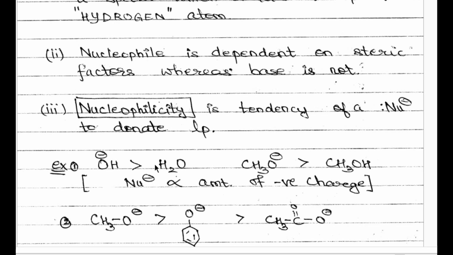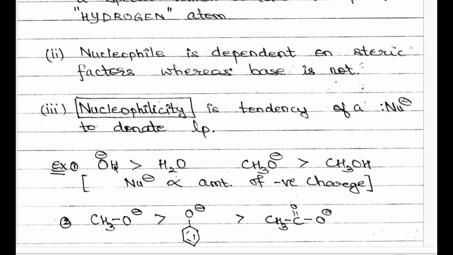In that case, nucleophilicity parallels basicity. Parallels basicity means the nucleophile strength and the base strength would be similar, and there will be no difference. So a simple conclusion is that nucleophile strength is dependent on the amount of negative charge.